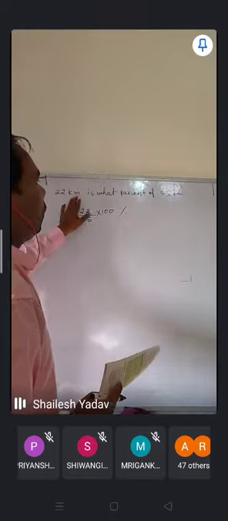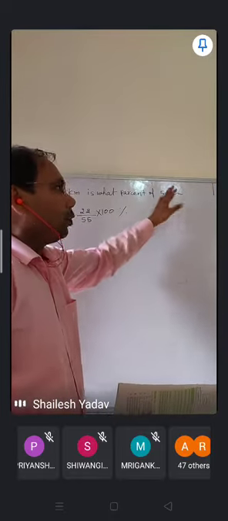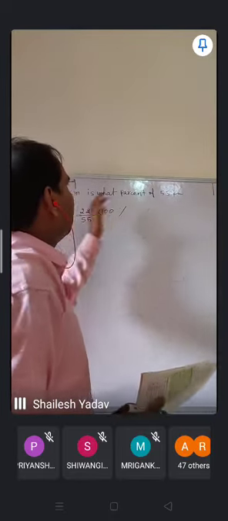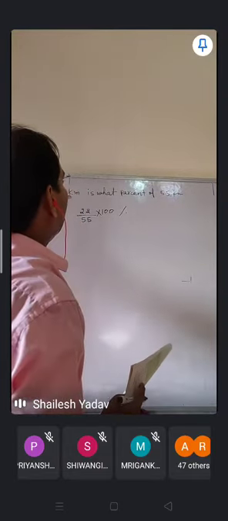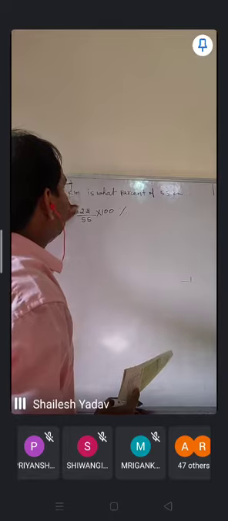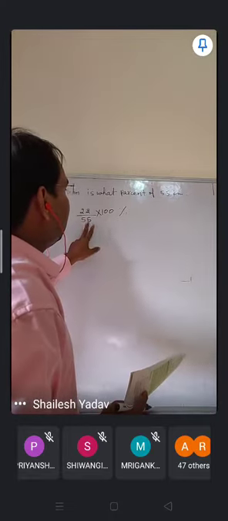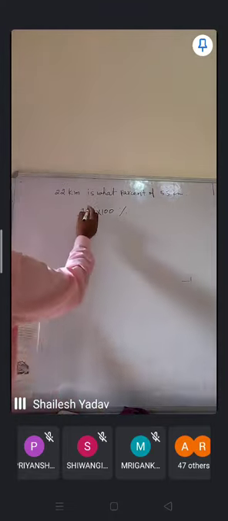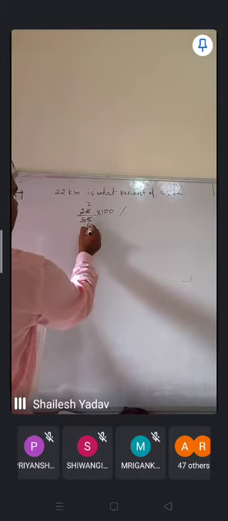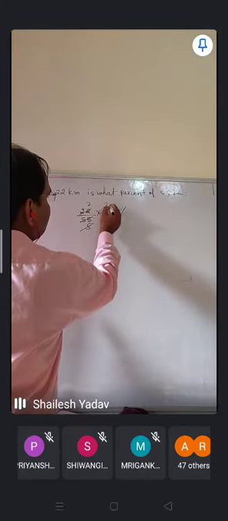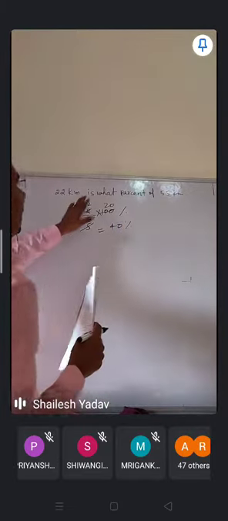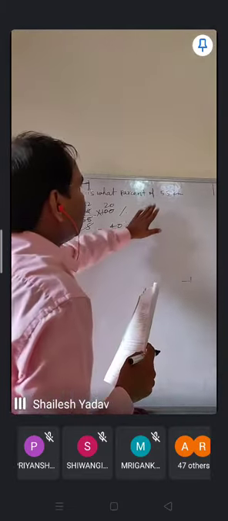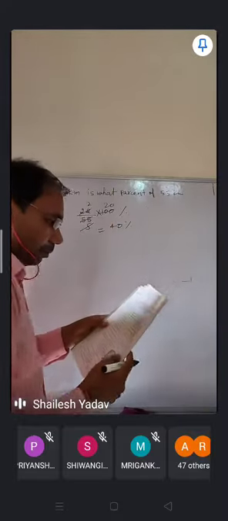Here it is in kilometer, and the other is also in kilometer, so there is no need to change the unit. So 22 upon 55 multiplied by 100. 2 elevens are 22, 5 elevens are 55, and it will be 20. 20 into 2 is 40%. So 22 km is 40% of 55 kilometer.